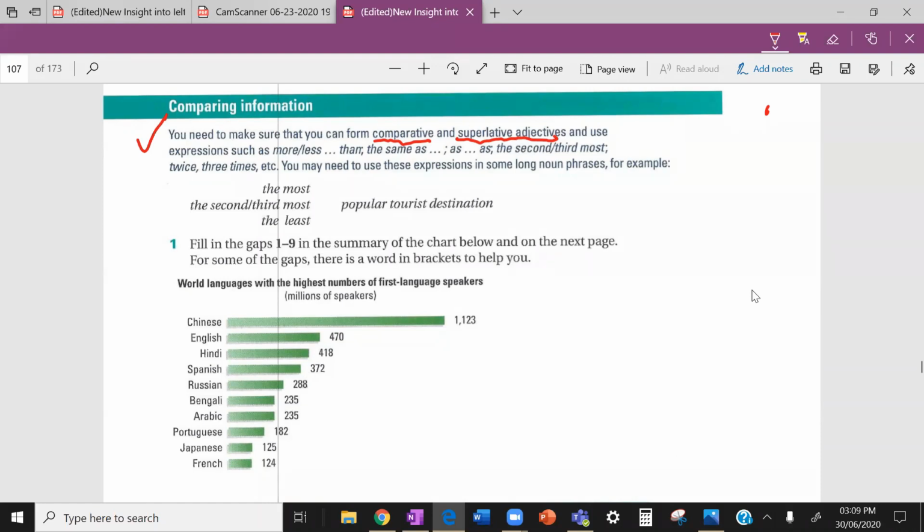That is comparative, when you are comparing. The next one is superlative, for example, the best, the most beautiful, the smallest, the tallest, the hardest, the shortest, something like that.